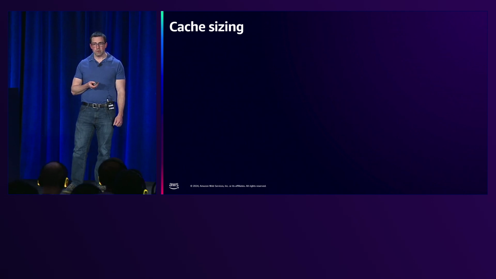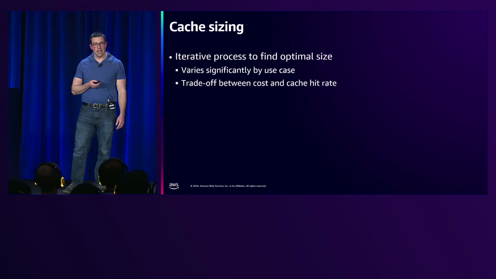One of the common questions we get when customers come to us is, how should I size my cache? What should I think about in terms of putting it in front of a database? The answer is that there's really no one-size-fits-all answer to this question, because it depends a lot on your use case. It's really an iterative process to find which cache size works best for any given application.